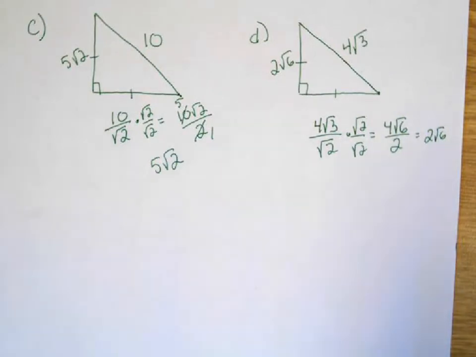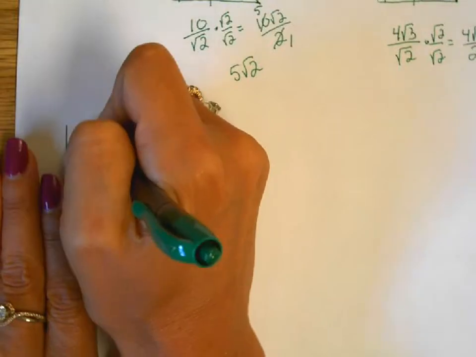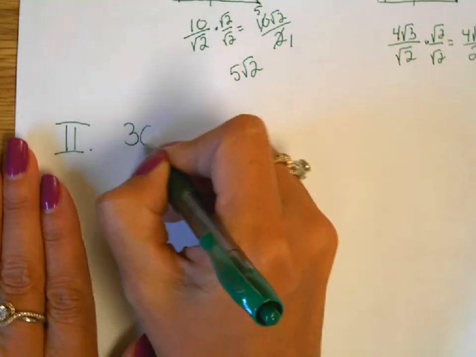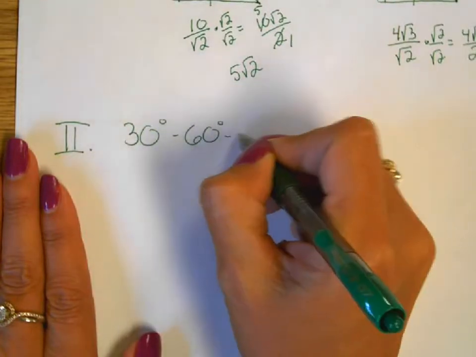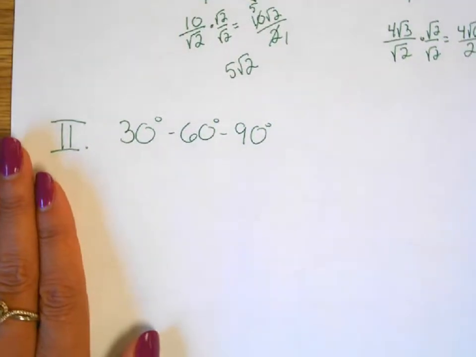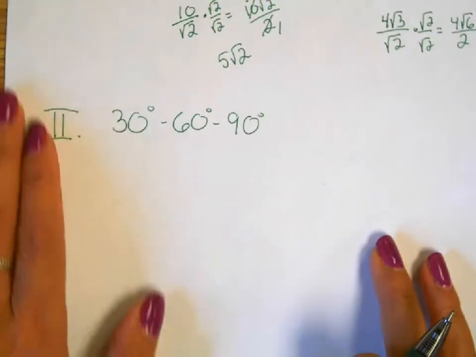Alright, the other special triangle, number 2. They're very special. It's our 30, 60, 90. This one's created when we take the equilateral triangle and make 2 right triangles out of it.